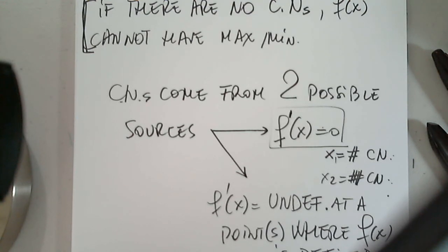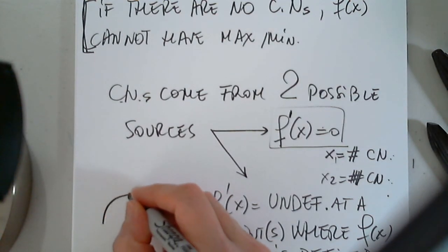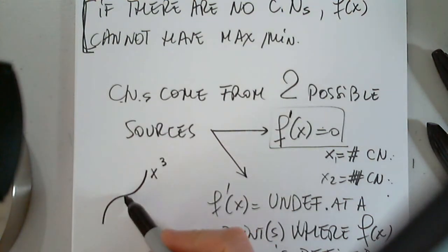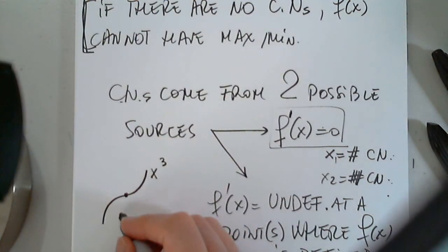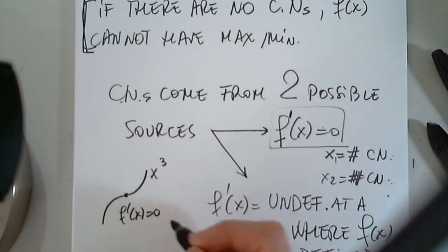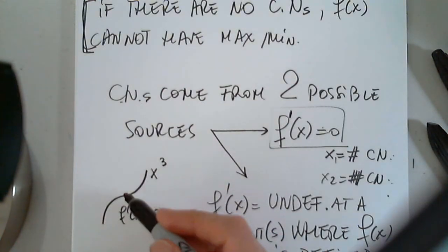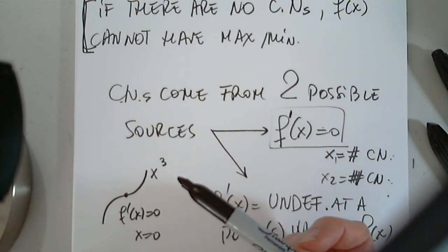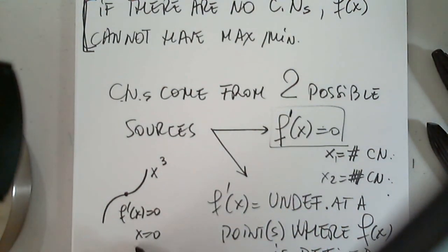I don't have an example. What about in this situation? For x cubed, at this point, I guarantee you that f prime of x will be 0, which is x equals 0. How do I know? Well, because you differentiate, you get 3x squared.